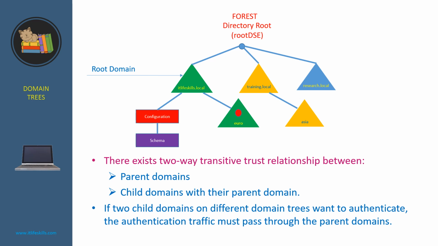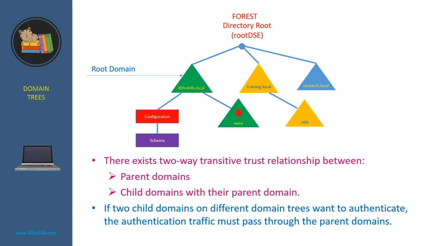There exists two-way transitive trust relationship between parent domains. So in this forest, there exists two-way transitive trust relationship between itlifeskills.local, training.local, and research.local. And there exists two-way transitive trust relationship between child domains with their parent domain.